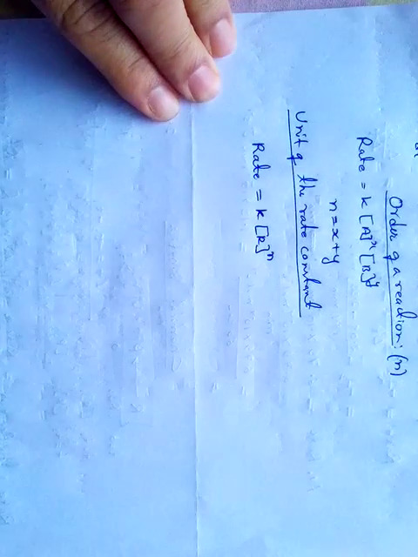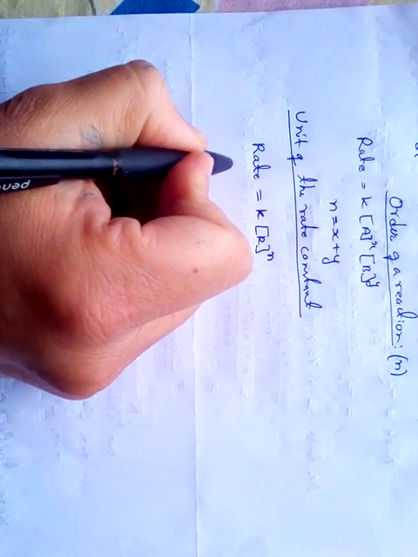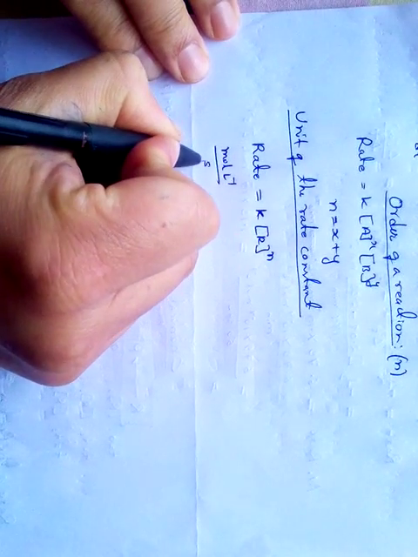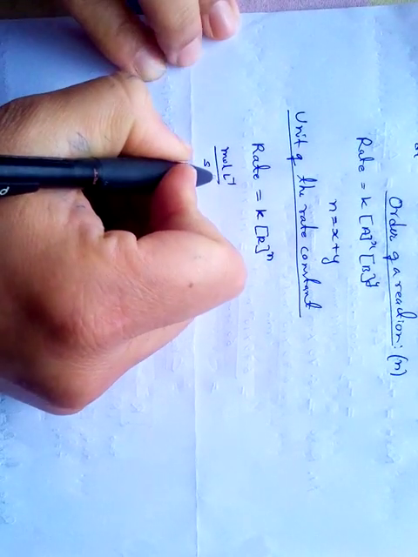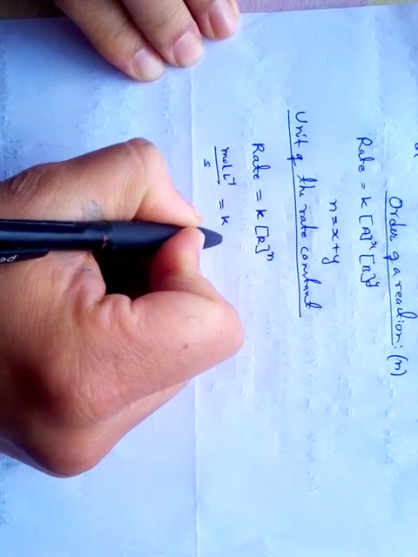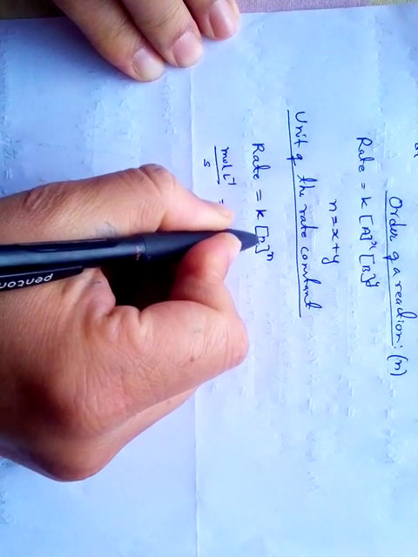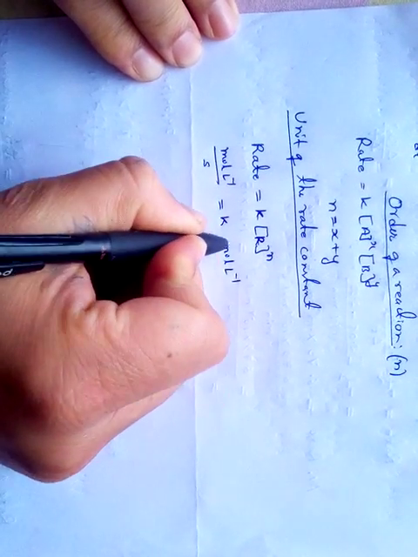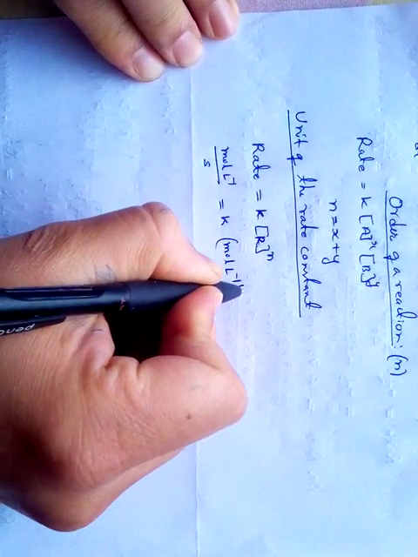The unit of rate, concentration by time, is mole per liter per second, and second is the standard unit. Concentration is always mole per liter, raised to the power n.